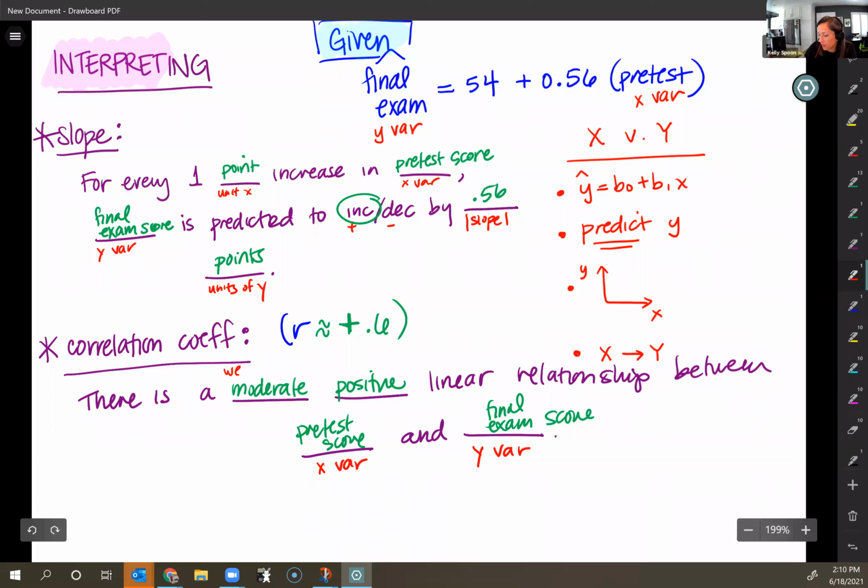It's either weak, moderate, or strong. Weak is close to 0, strong is close to 1, and moderate is anything close to 0.5. And then positive or negative are the two options for direction. So the correlation coefficient itself tells us the strength and direction between our two quantitative variables.